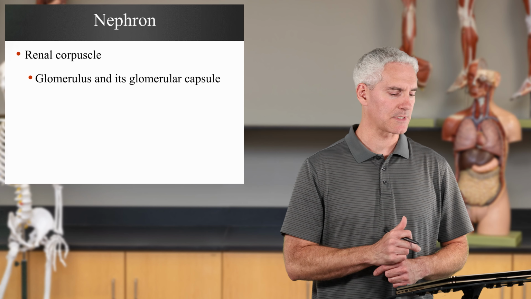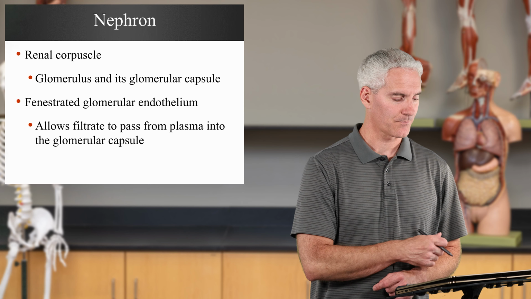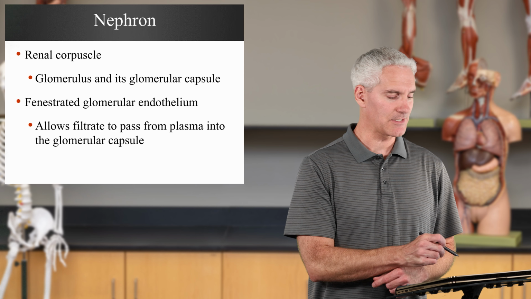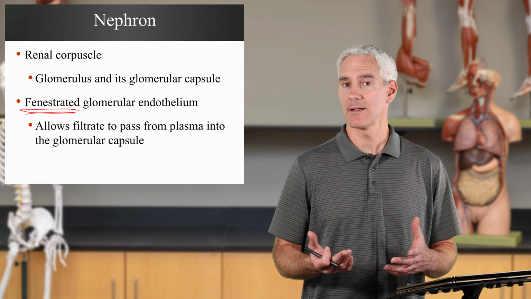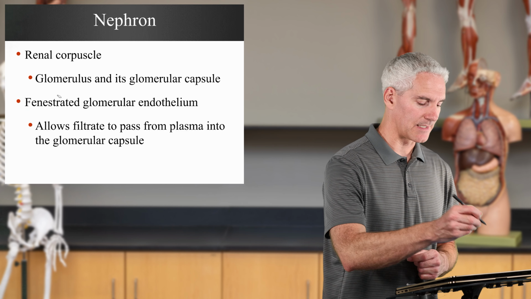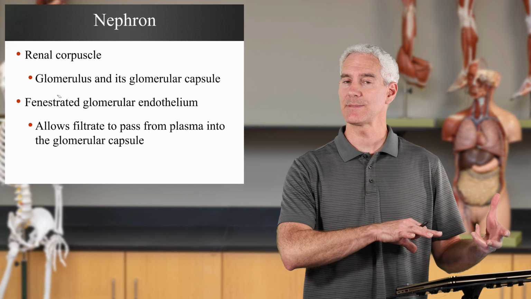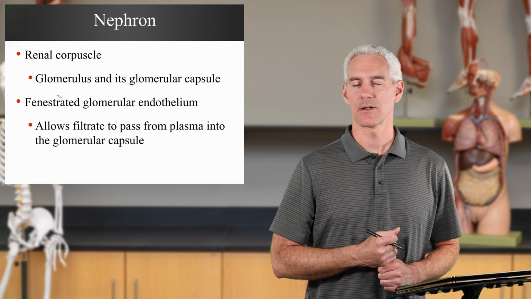So again, the renal corpuscle, we already mentioned, glomerulus and glomerular capsule. You're going to have this fenestrated glomerular endothelium. Remember, fenestrated means it has more openings. That's allowing for the filtrate to pass from the plasma of the blood into the renal corpuscle.